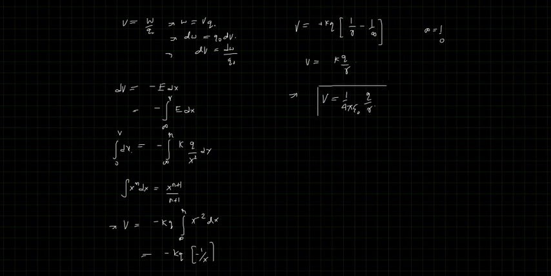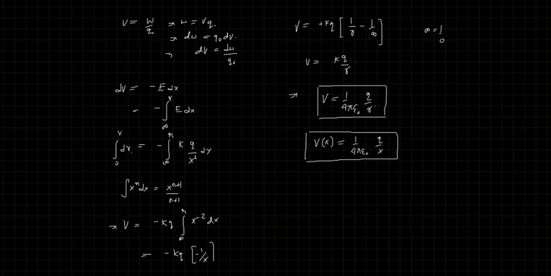V is a scalar function, a scalar quantity. So V of x, the function at any point x, is written as 1 by 4 pi epsilon naught q by x. Potential is a scalar quantity.